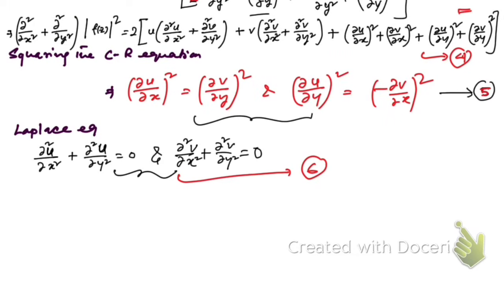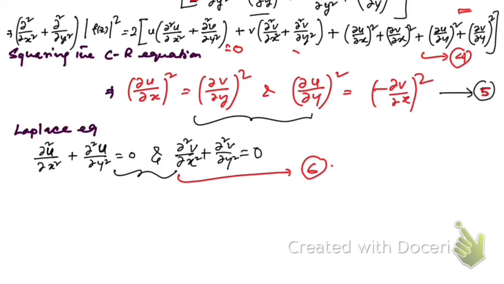So now you see, from equation number 6, if you use 6 in 4, then you can see clearly this term and this term must be 0, right? So this one is equal to 0, this one is also equal to 0 according to the Laplace equation.